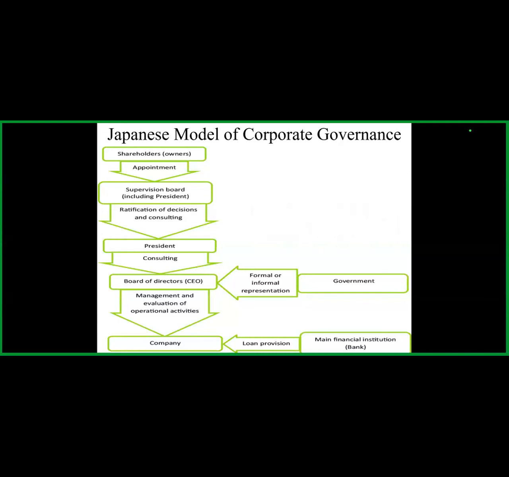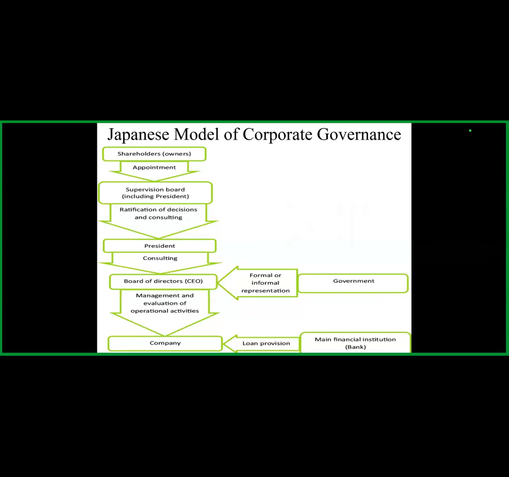The decision which is taken by the CEO or the management of the organization. Whatever important decision the management has taken, it is to be approved, it is to be ratified by the supervision board.